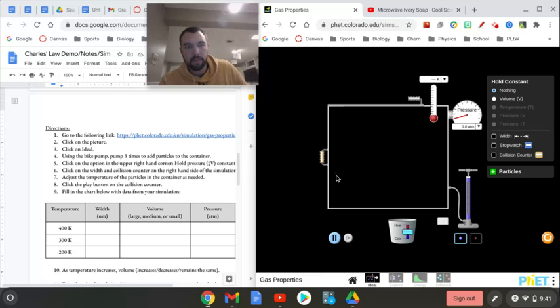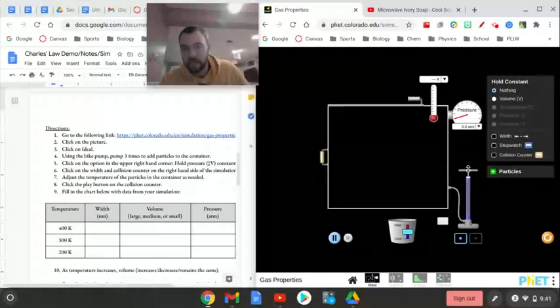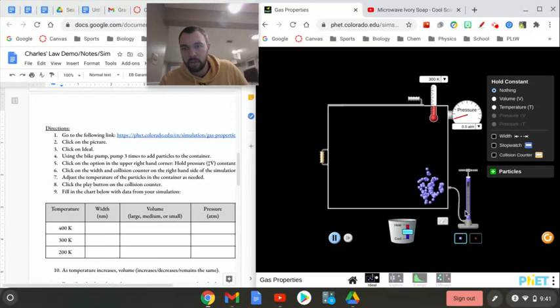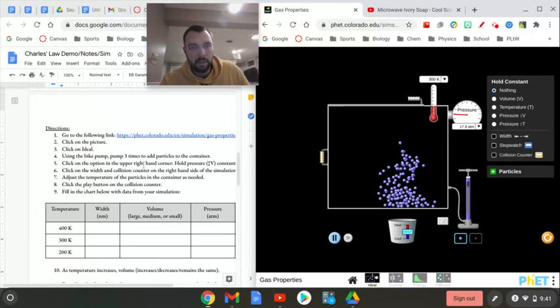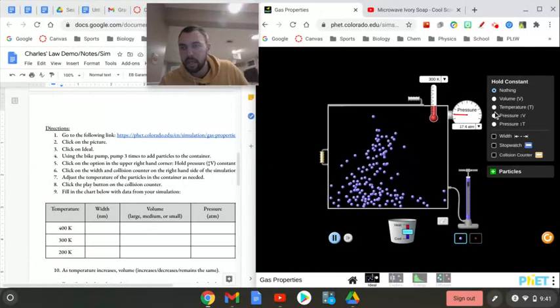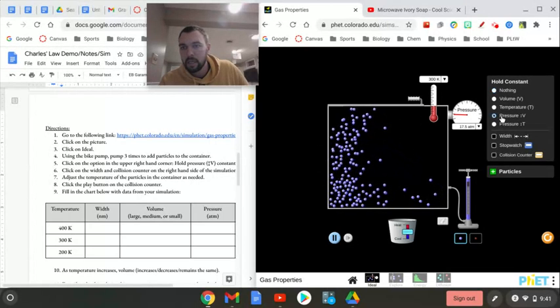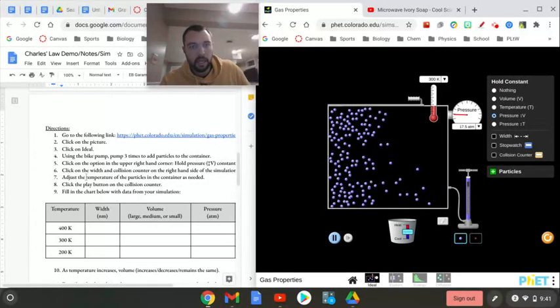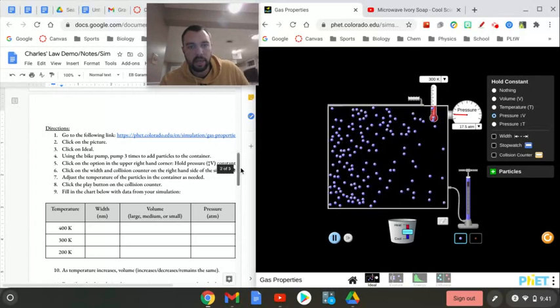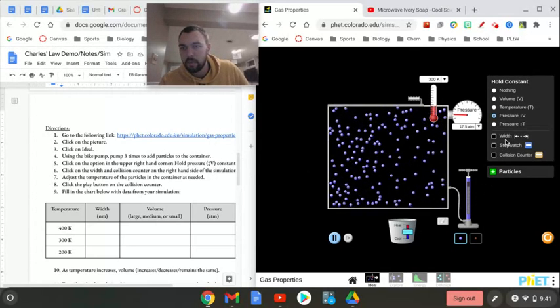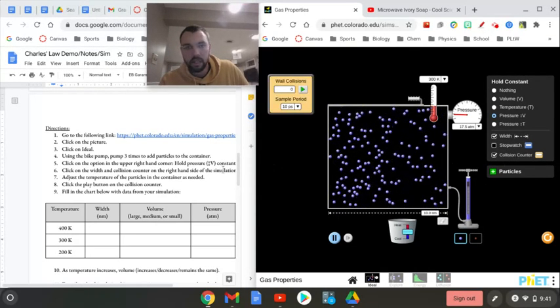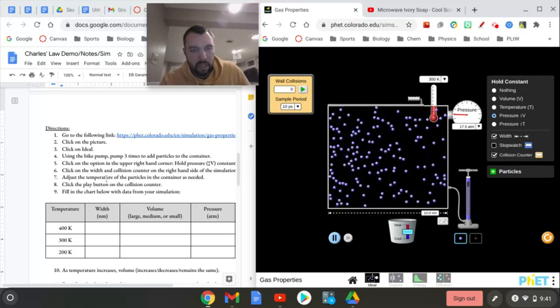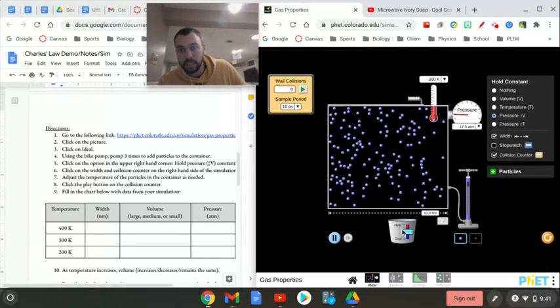Using the bike pump 3 times to add particles to the container. 1, 2, 3. Okay. Click on the option in the upper right hand corner. Hold pressure constant. Click on the width and collision counter on the right hand side. Width and collision counter. Okay. Adjust the temperature of the particles in the container as needed.